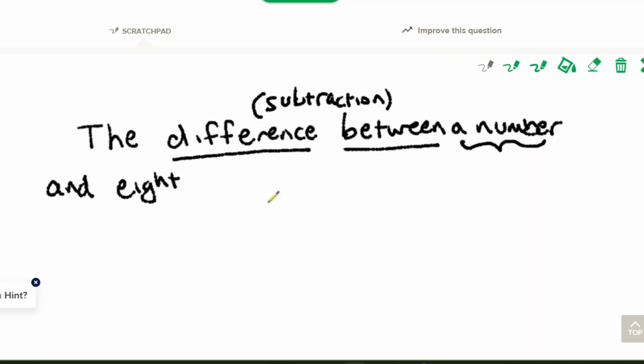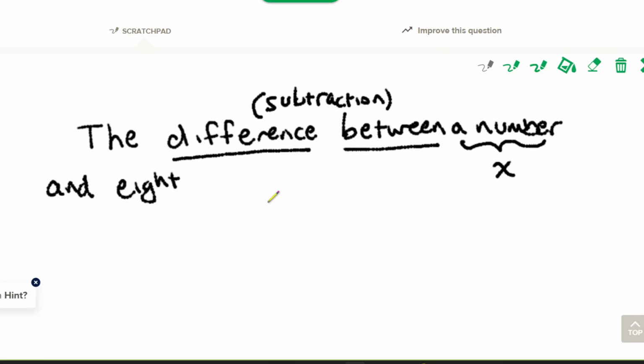Then a number, I noticed in all the options for the problem, they had the variable or the letter x that will represent this number. Typically you do that in mathematics, take a quantity that's unknown, like this number that they speak of here, and give it a variable expression, call it something.